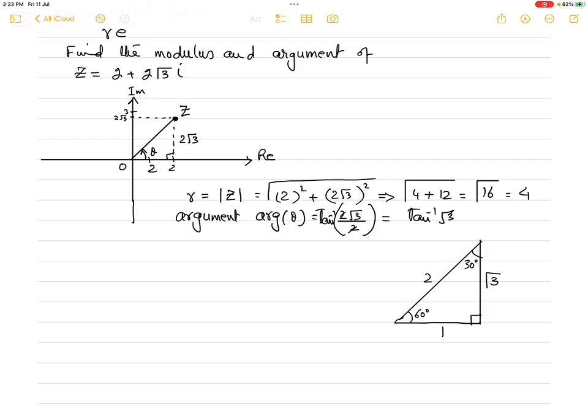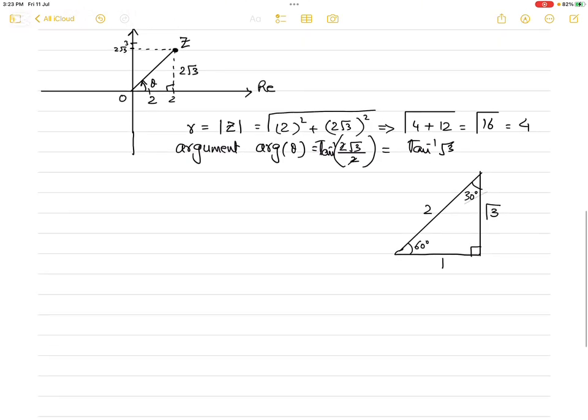So if you write sine 60, this is opposite over hypotenuse, root 3 over 2, and cos 60 is adjacent over hypotenuse, which is 1 over 2, tan 60 is opposite over adjacent, which is root 3.